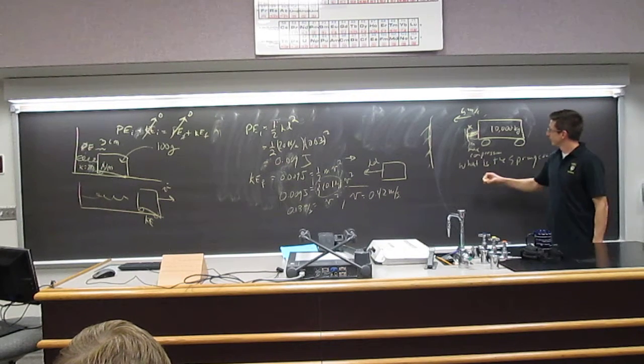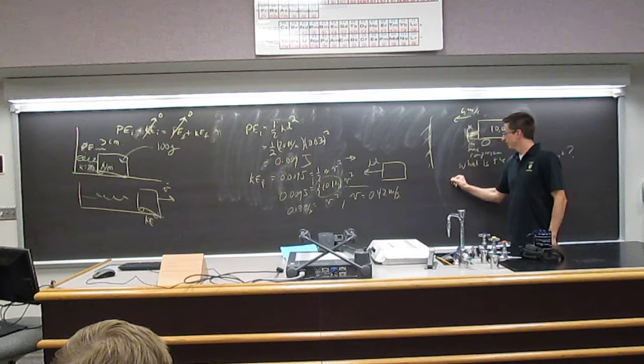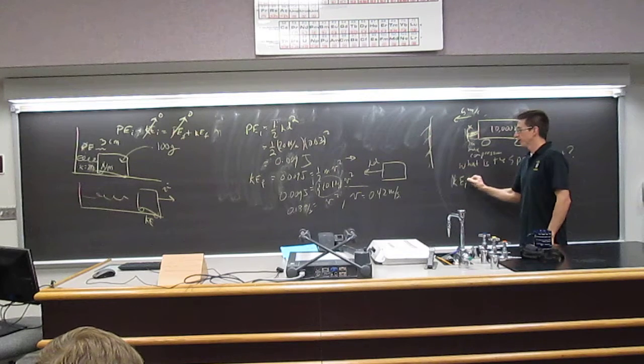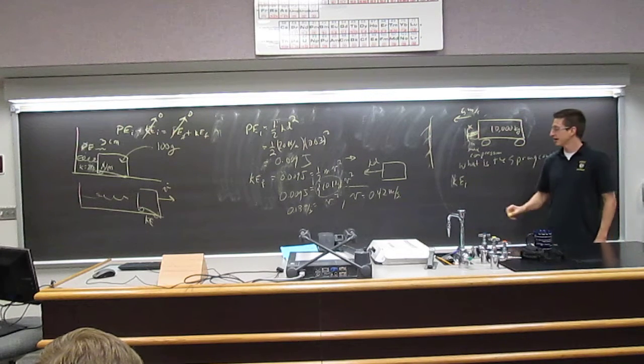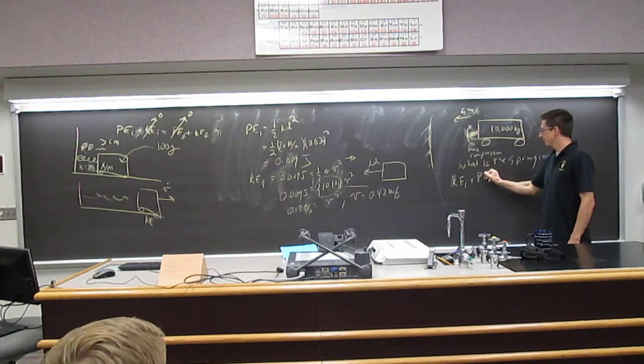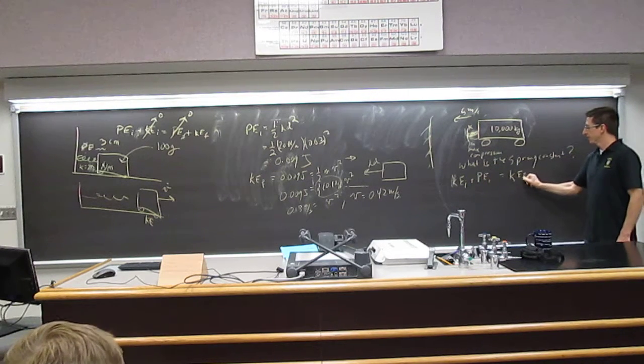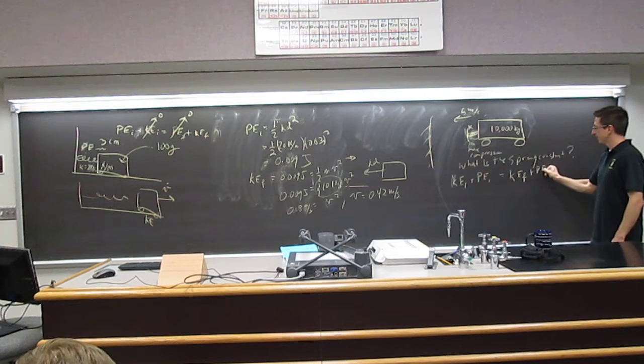All right, so we're going to start out with conservation of energy. So the kinetic energy initially plus the potential energy initially is equal to the kinetic energy finally plus potential energy finally.